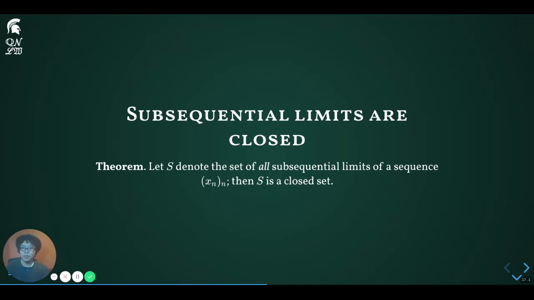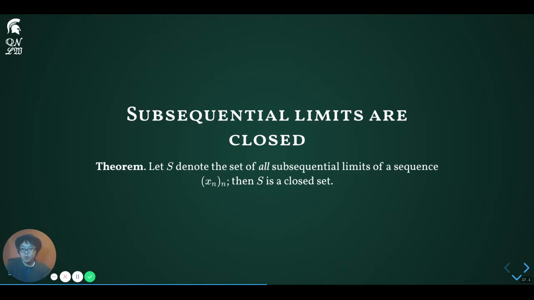For example, in the previous lecture, we discussed how the open interval is not a closed set. This means that there cannot in fact be a sequence whose corresponding set of all subsequential limits is exactly the open interval from 0 to 1.